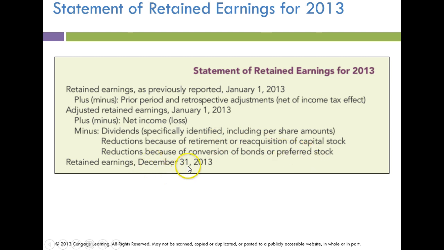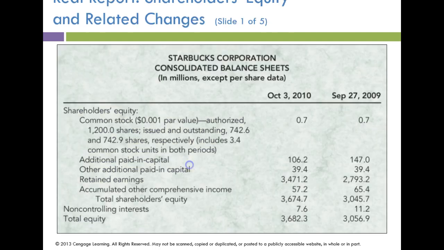And then we have our ending retained earnings. Guys, it's the same retained earnings, it's just getting a little more complicated. But it's the same thing, isn't it? Do you see how we're just getting more detailed? Don't let it freak you out. You don't have to memorize this stuff, okay? It's still retained earnings. It's just a few more numbers added to it.